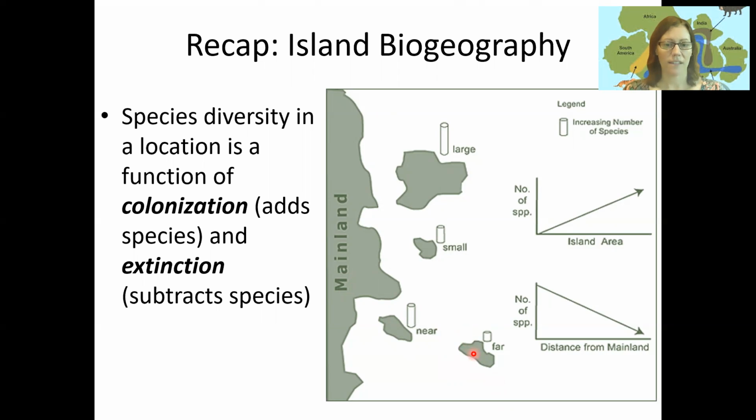And because you're a small island, you don't have as many resources, so that species is pretty likely to become extinct quickly. If you're a large island far away from a mainland, like the islands of Hawaii, for example, you've got lots of different resources, a very nice place to be a plant, not too many other plants coming in, or birds, or any taxa, hard to get there. And so you've got it relatively easy in that area.